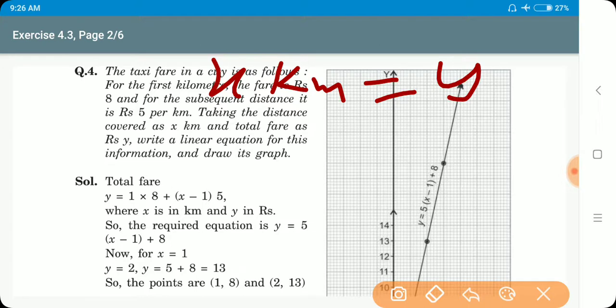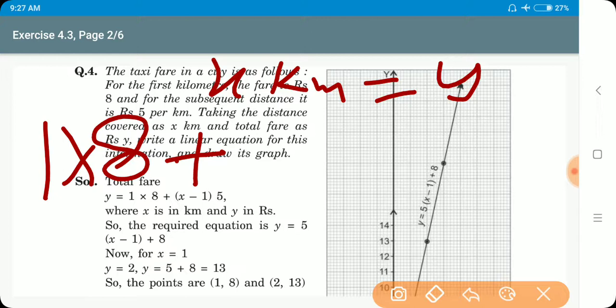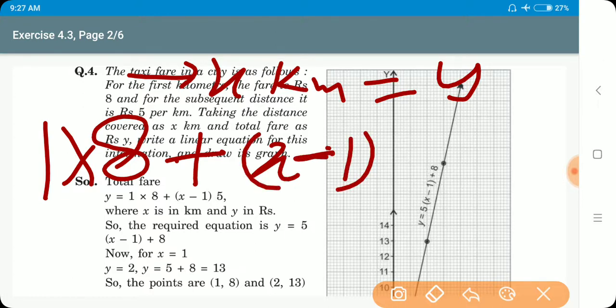So I have already told you the rate. First of all he will take 8 rupees for 1 kilometer. After that, I have to cover x kilometers, but 1 kilometer is already paid for, so now I will pay for x minus 1 kilometers, because I have already paid for 1 kilometer.